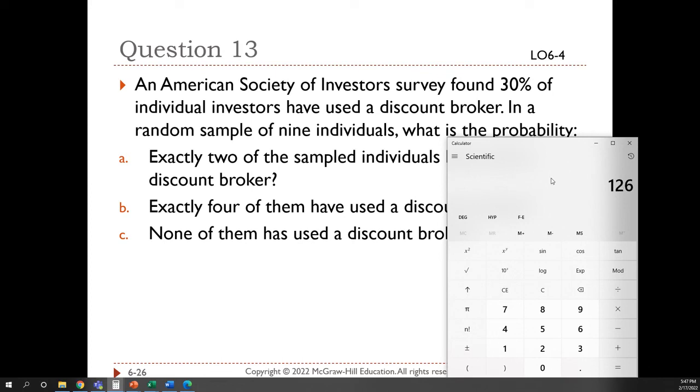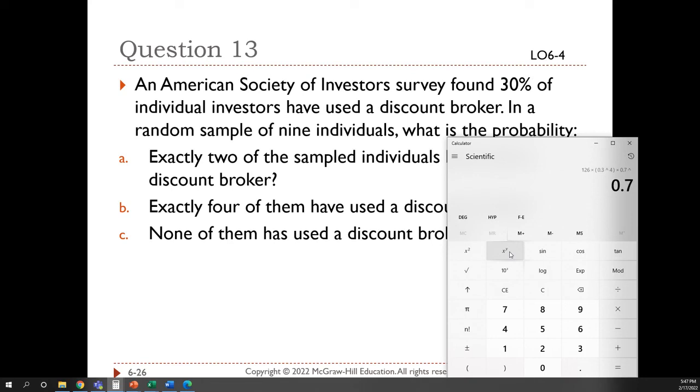So, we're at 126. Okay? I like to do that separate. So, times, again, our 0.3 raised to the 4th power now. Multiply. We already know this. This is 0.7. Is the 1 minus pi.